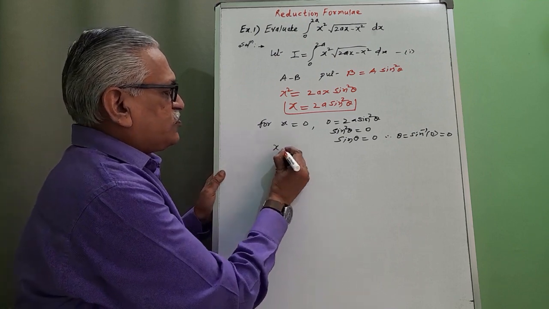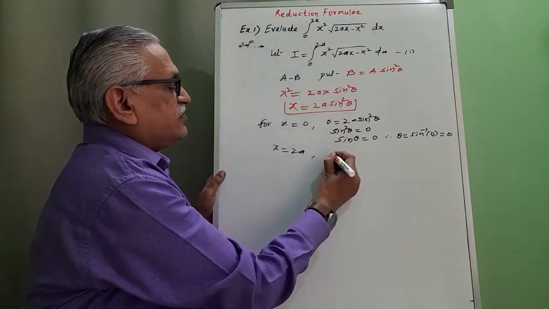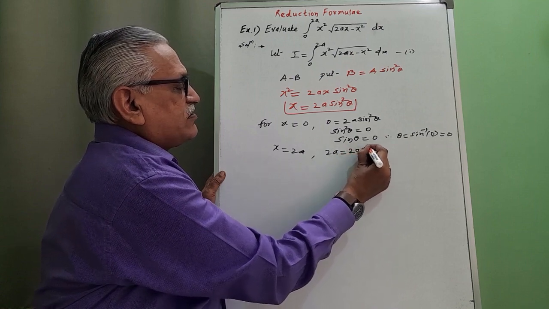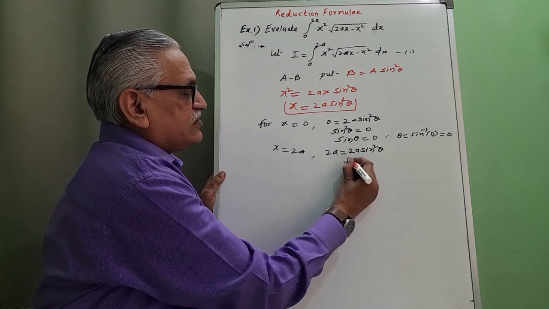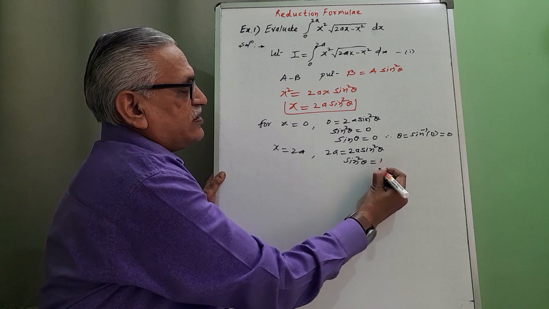For x is equal to 2a, we get x is 2a and that is equal to 2a sine square theta. 2a gets cancelled, we get sine square theta as 1.